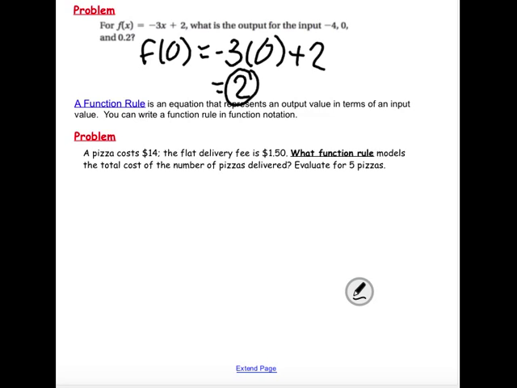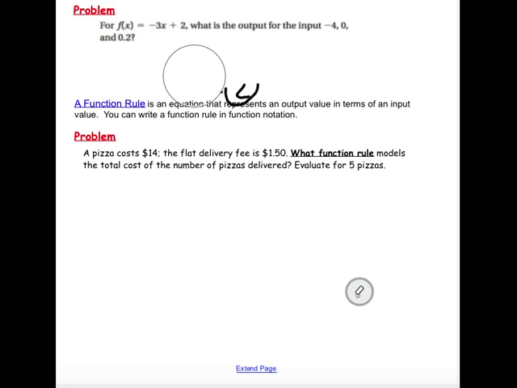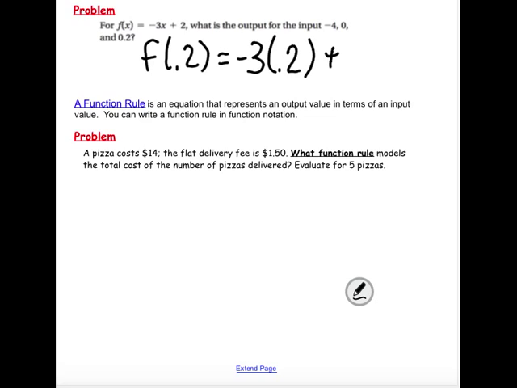So f of 0 is 2. And the last one, f of 0.2. Again, keep doing what we're doing. Plug in 0.2 for x. And we get negative 0.6 plus 2, or 1.4.